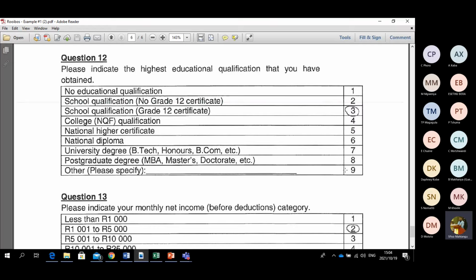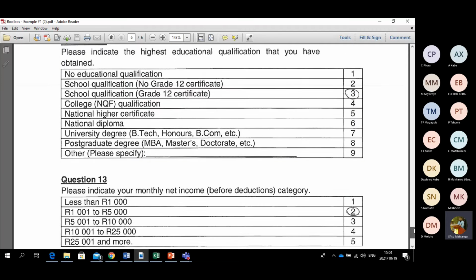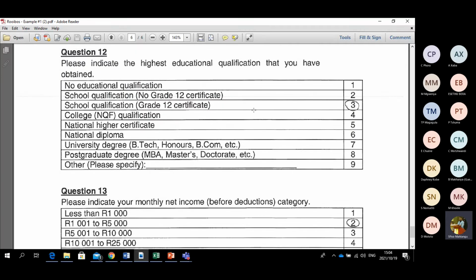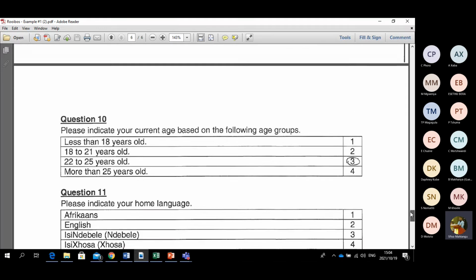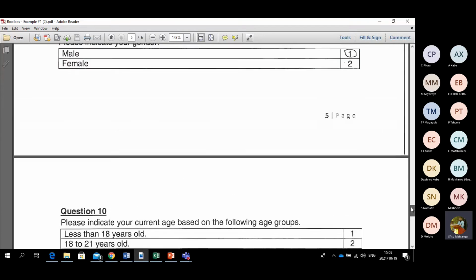If a respondent in this case selected 8, for example, and then they did not specify their monthly income, we can assume that these people are not earning less than 1,000. You can assume a certain amount, or let's use a different example. Respondent said no qualification and so on, and then we can assume the type of income that they have, because between qualifications and income there's a relationship.